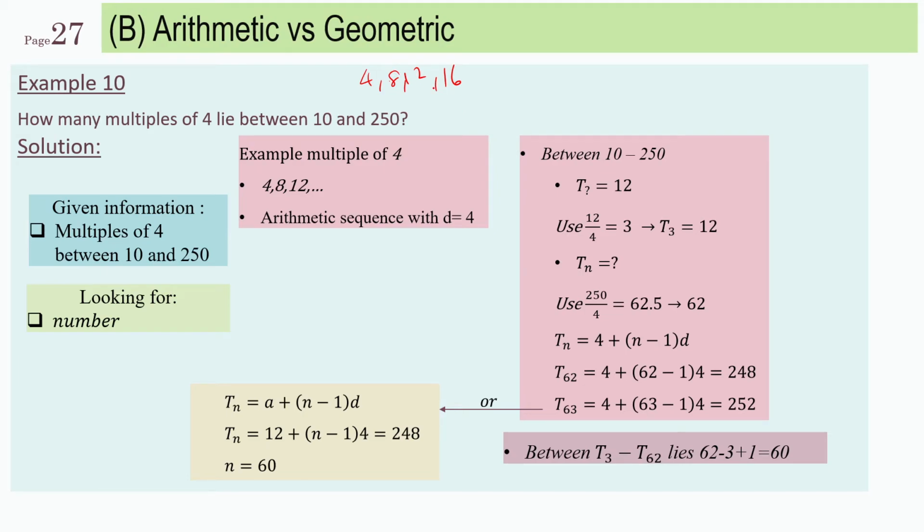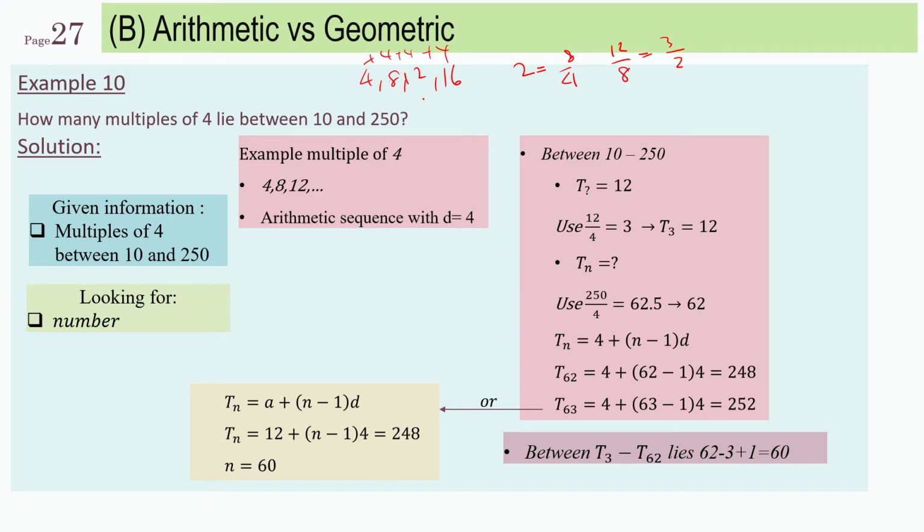Now if this were a geometric, 8 divided by 4 and 12 divided by 8 must be the same, but unfortunately 8 divided by 4 is 2, and 12 divided by 8 is 3 over 2. So they do not fulfil a geometric, so it must be an arithmetic, where we keep on adding 4.